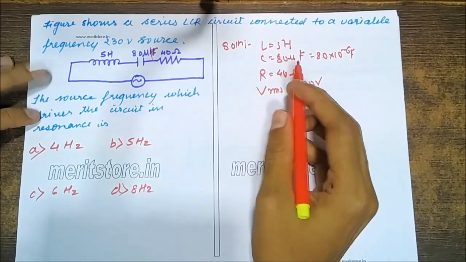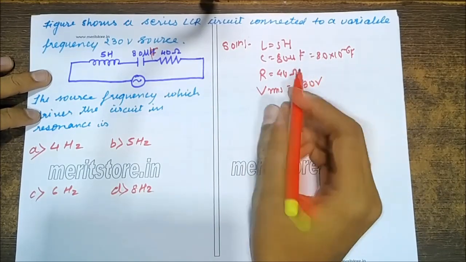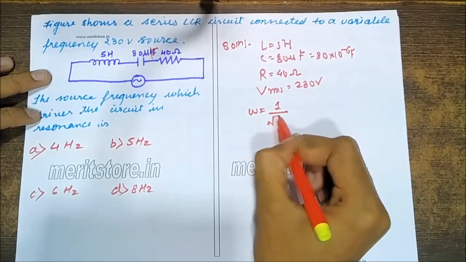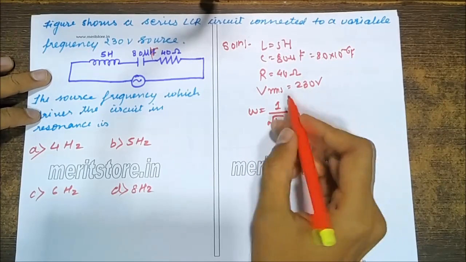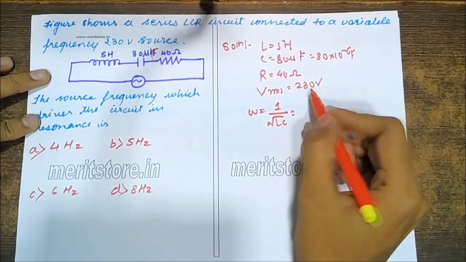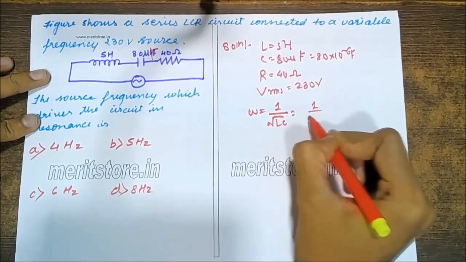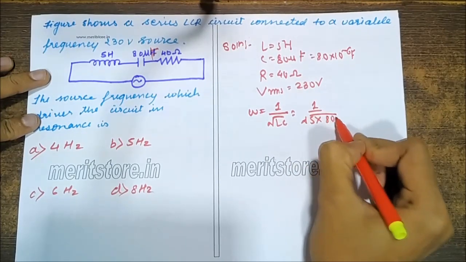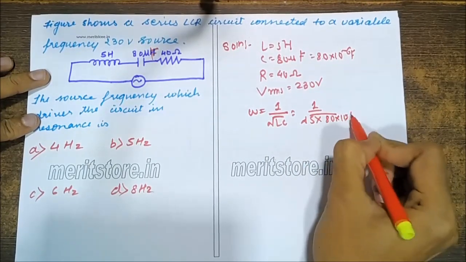The angular frequency at resonance is omega equals 1 upon the square root of L into C. So the resonance condition is 1 upon the square root of LC, with L equal to 5 multiplied by C, that is 80 into 10 raised to minus 6.